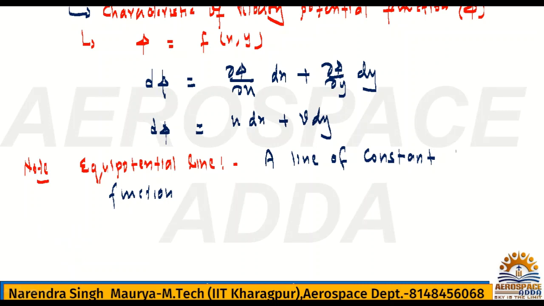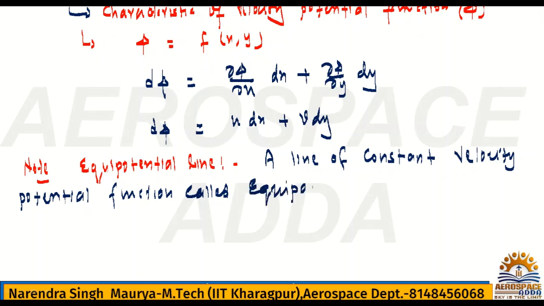A line of constant velocity potential function is called an equipotential line.